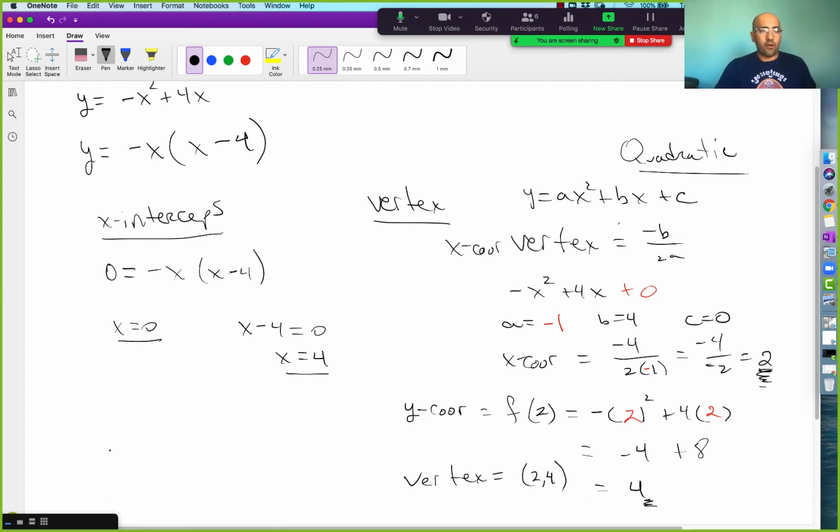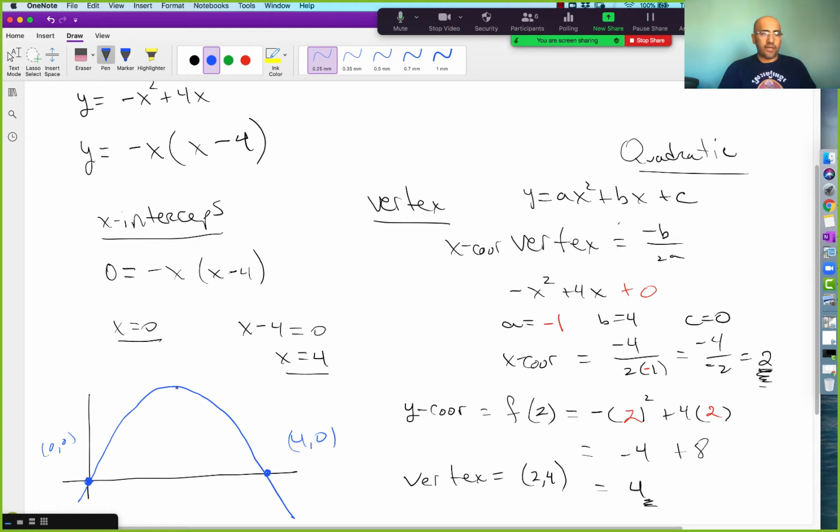And now I can bring that all together and just kind of rough sketch this thing. I know it's a parabola. I know it opens downward because this term is negative. It goes up, so it's going to come up like this, come back down and go this way. So it goes through the point (0, 0). It goes through the point (4, 0).